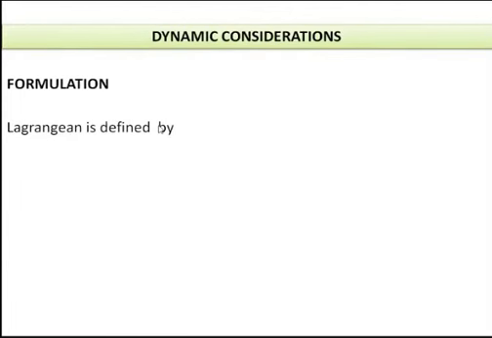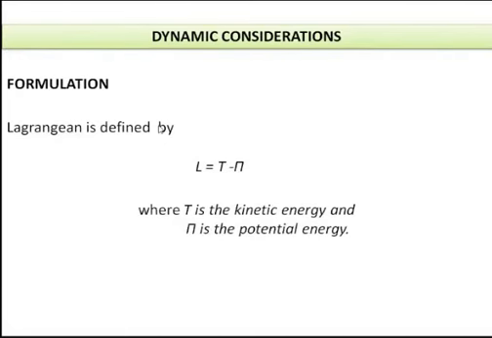The Lagrangian is defined by L is equal to T minus phi, where T is the kinetic energy and phi is the potential energy.